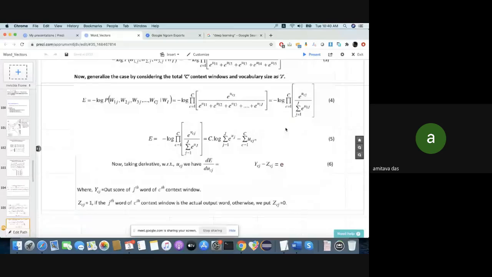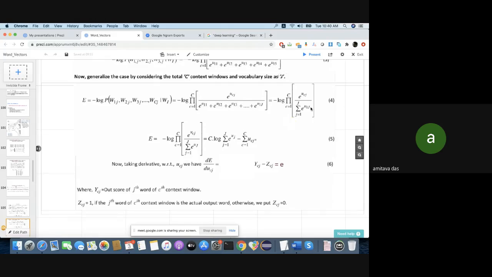We can rewrite this formulation using another summation here. We can say j equal to 1 to J, and we are just rewriting this as u_cj. So c is the context, j is the number of cells, and u_1j is the first cell of our context window.